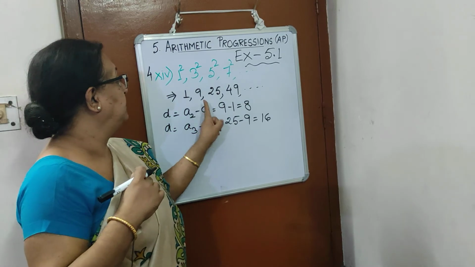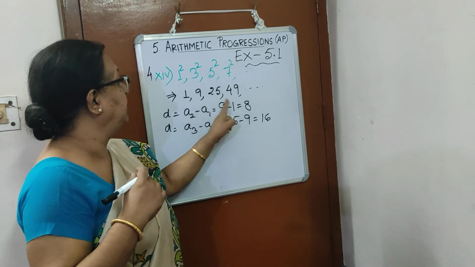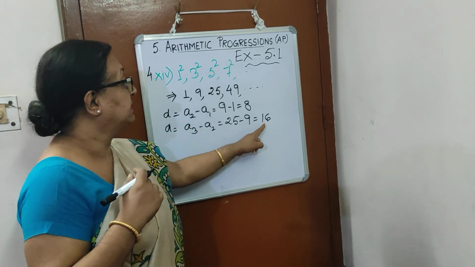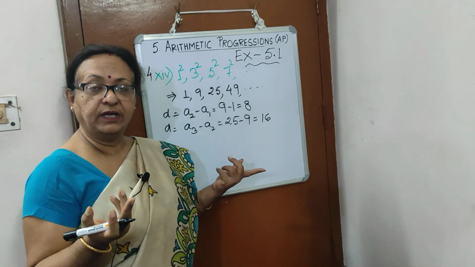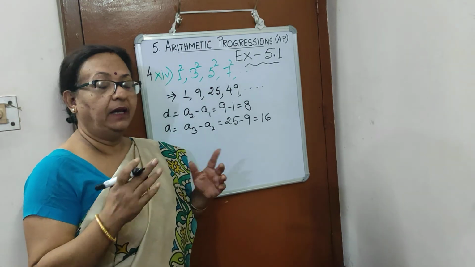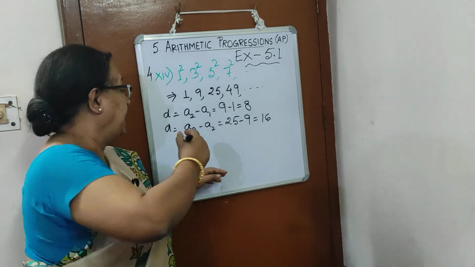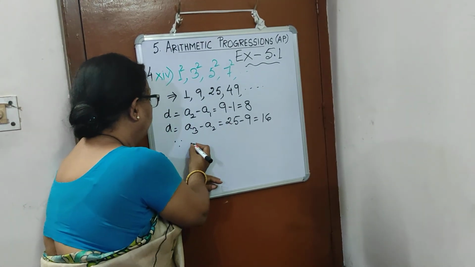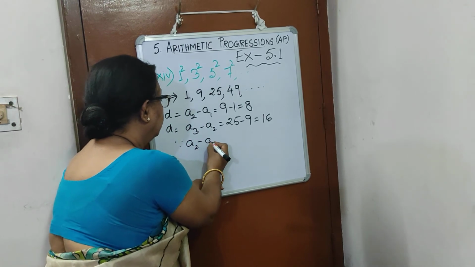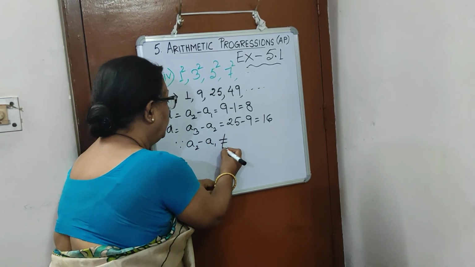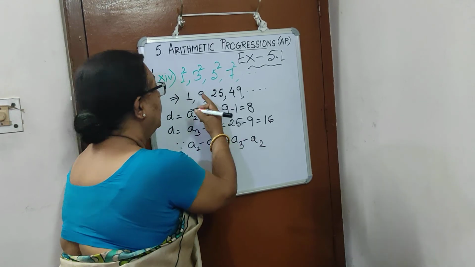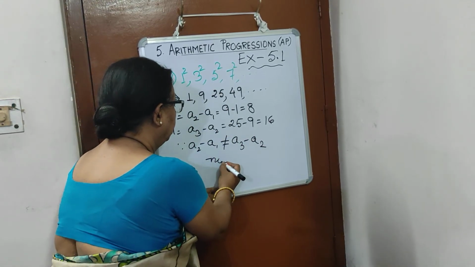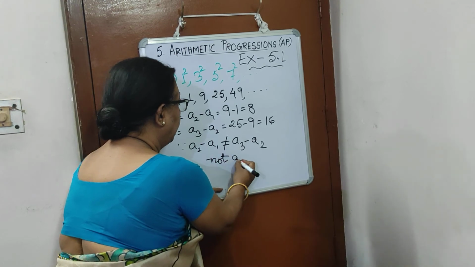So the difference between these 2 terms is 8, the next difference is 16. So the difference is not constant. So is it an AP? No. So we can write, since A2 minus A1 is not equal to A3 minus A2, the given sequence is not an AP.